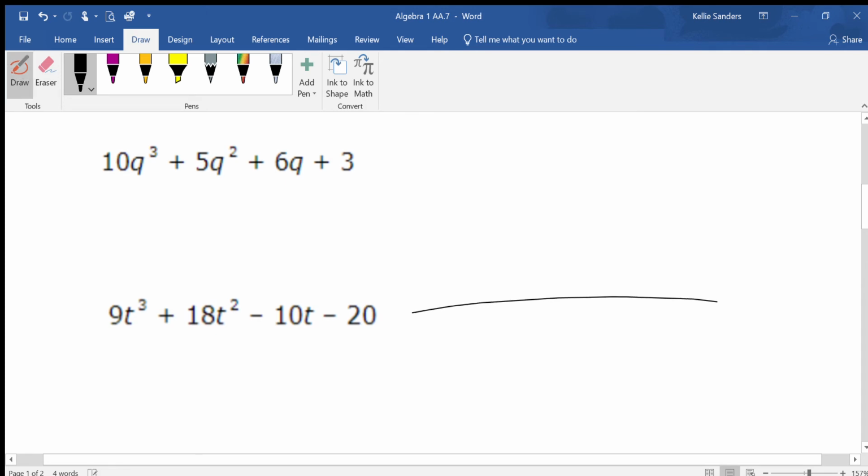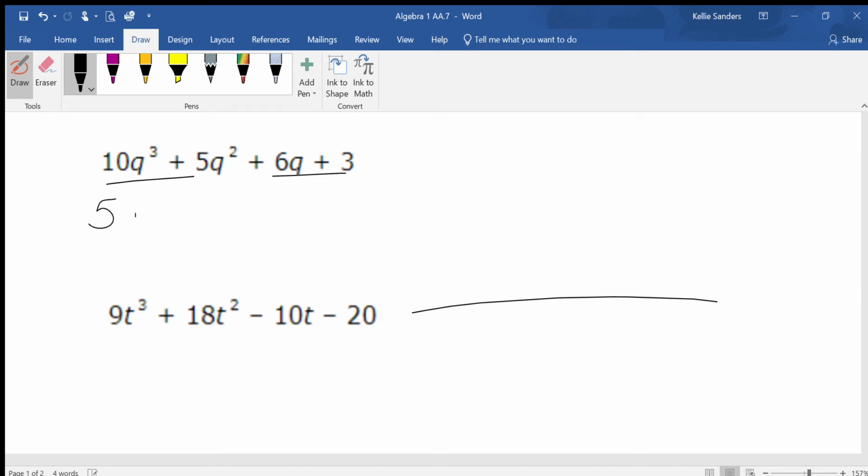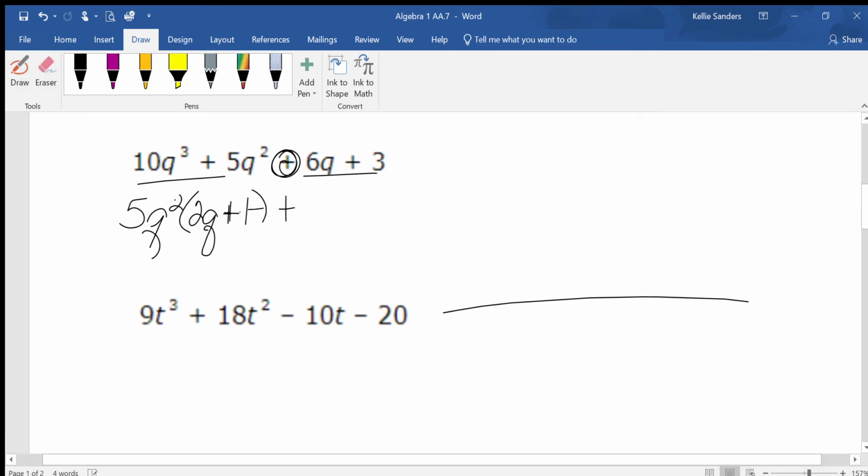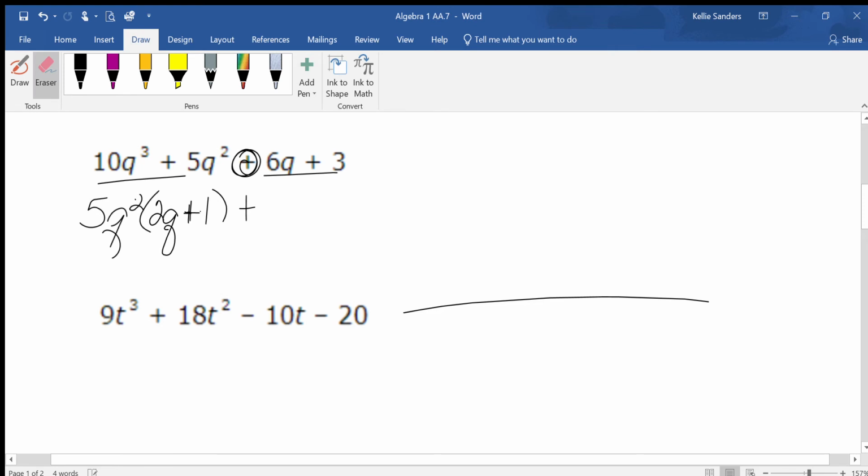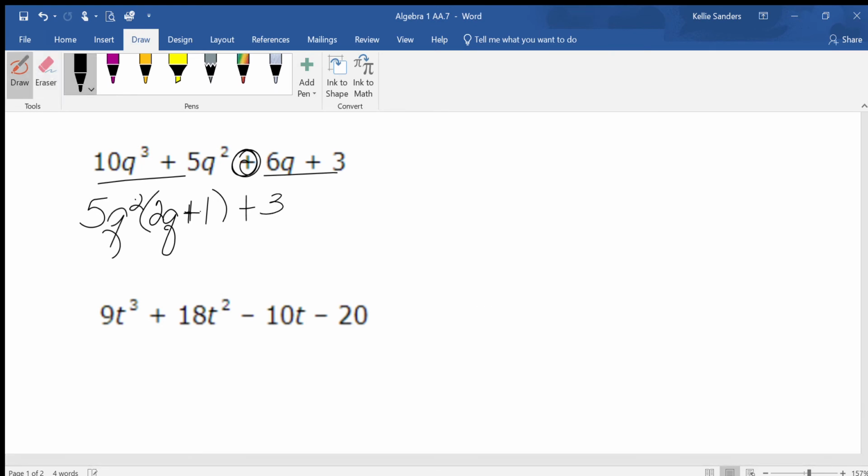Alright, so 4 terms, nothing will come out, so we do the 2 lines. The biggest number that will go into 10 and 5 is 5, and then we're going to take 2 q's out. So it'd be left with a 2 and a q, and then 5 divided by 5 is 1. Whatever that sign is, we're going to bring down. 6 and 3, 3.